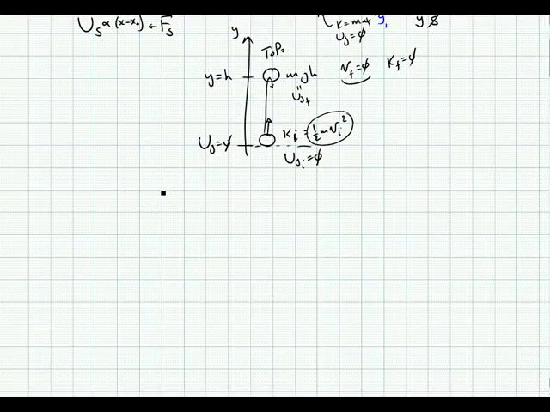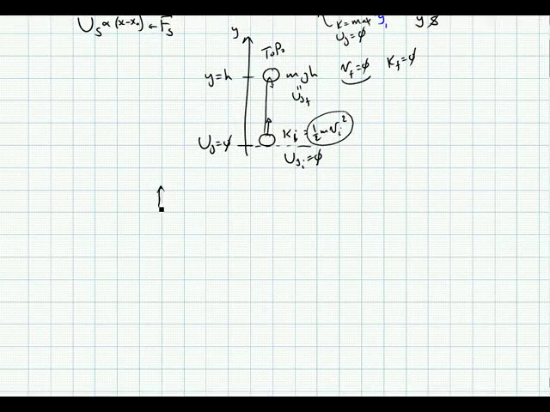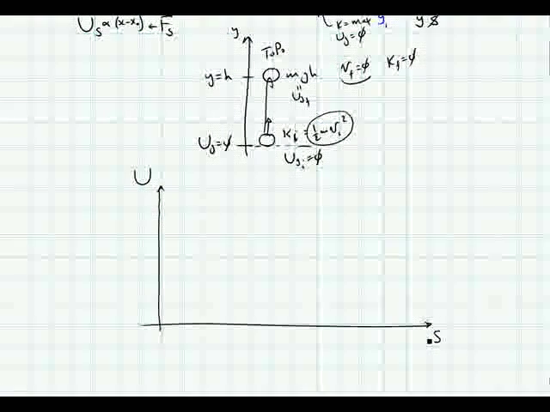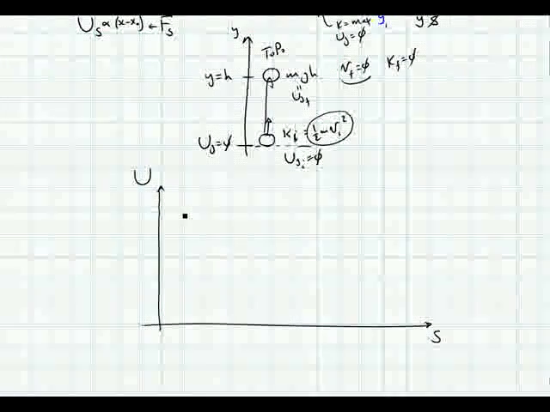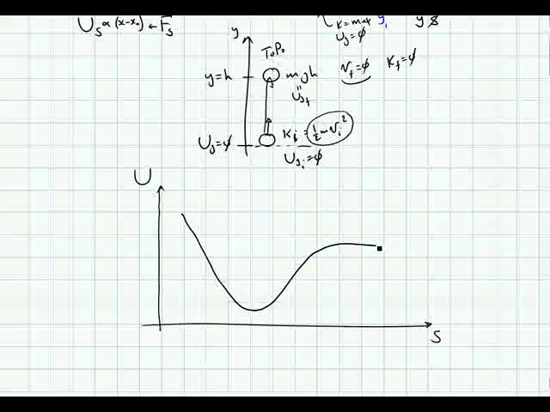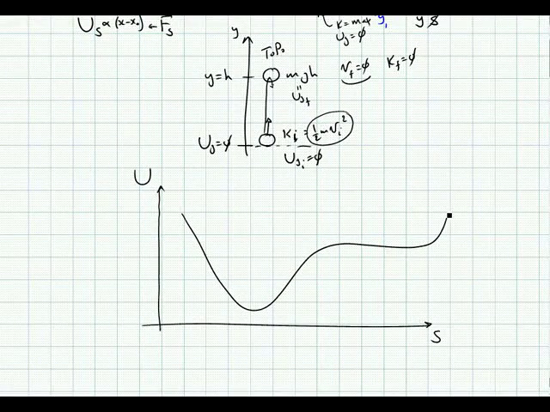So if I were to draw a generic potential energy versus position plot, so this is potential energy, that's position S, and let's just draw something like this, for example. There. Okay.